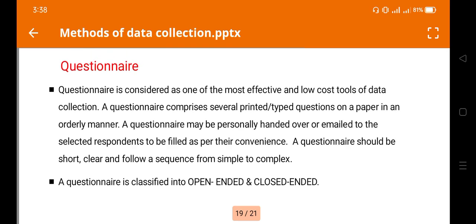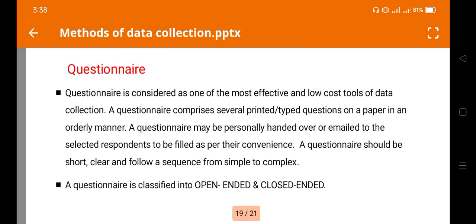After that, questionnaires. You know about the questionnaires, and you will fill the questionnaire shared by others while conducting their research. It is a question paper, obviously containing many questions in different formats.